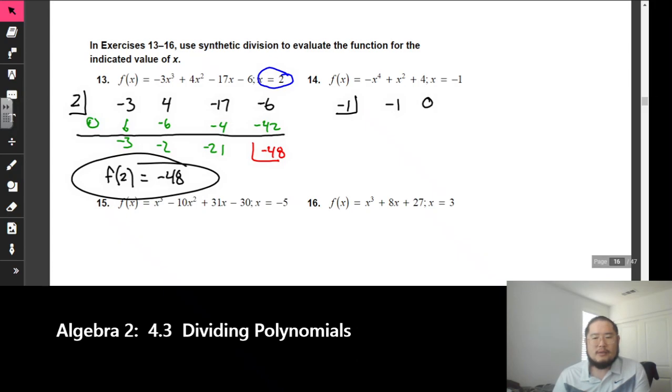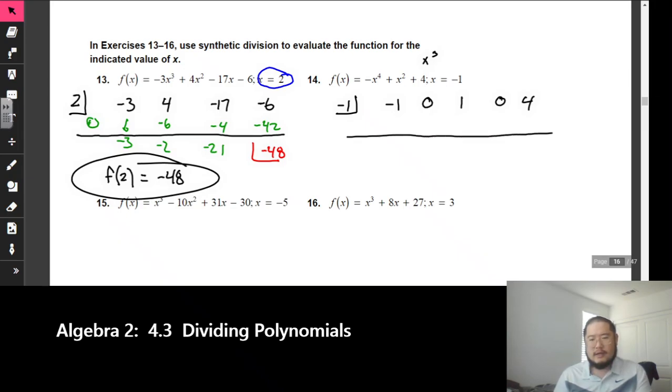Because remember, this is supposed to represent x to the third. And then we go to 1 to represent our x squared. And then we have to put down 0 again for 0x, and then 4. So even on these problems right here, you do have to have placeholders in order to solve them out.